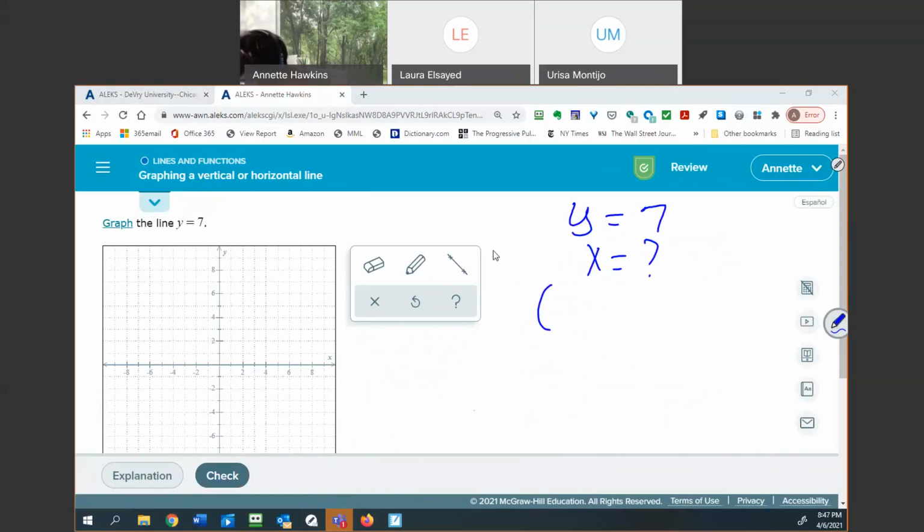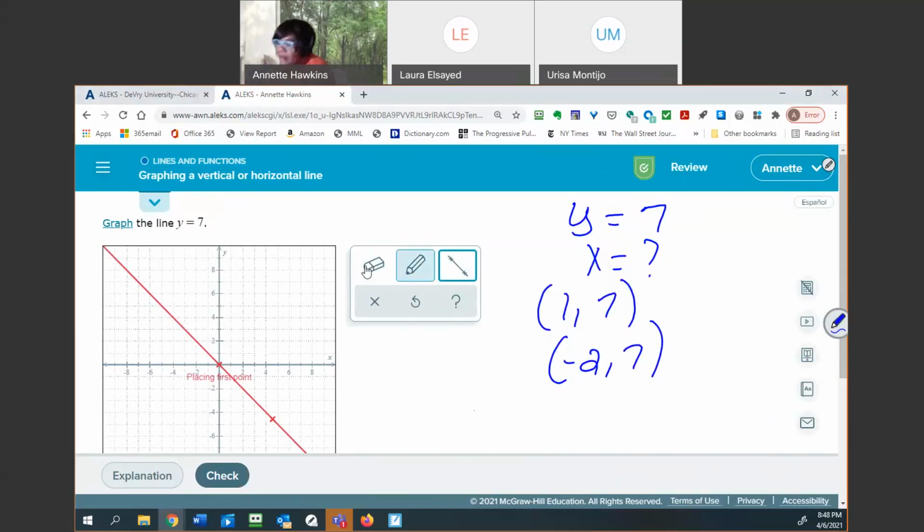So what do you want x to be? 1. Give me another value for x because we need 2 points. -2. All right, grab the line. 1, 7. -2.